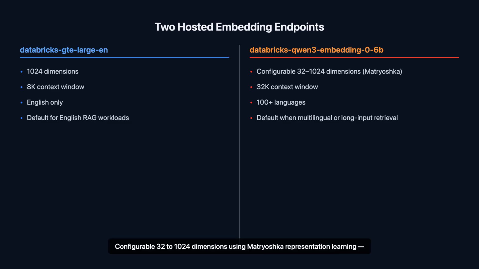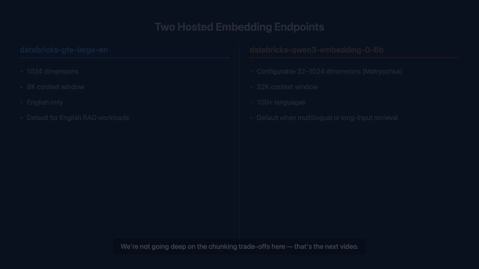On the right, Databricks Qwen 3 Embedding 0.6B, configurable 32 to 1024 dimensions using Matryoshka representation learning, meaning you can truncate the vector at request time to trade storage for recall. 32K context, 100 plus languages, and it's the default when retrieval is multilingual or when inputs are longer. We're not going deep on the chunking trade-offs here, that's the next video.